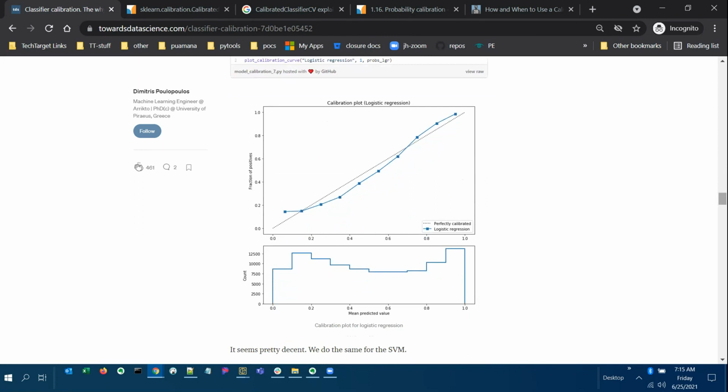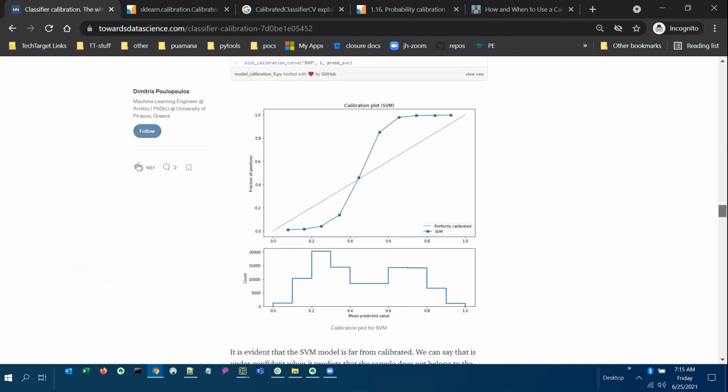You can see that this logistic regression is almost perfectly calibrated. So at each point in the probabilities it's returning, whether it's giving you a 0.1 or a 1, the confidence of those probabilities is high. That probability matches the reality of the situation. And then here's one for the SVM, and the calibration's all messed up, right?